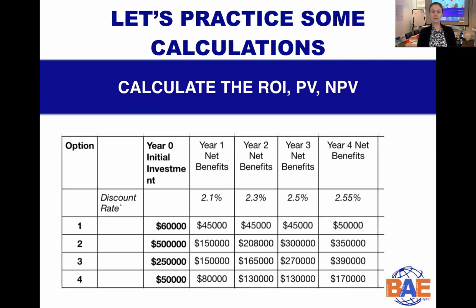And the assignment gives you all the information you need to be able to do this. So we've got 4 options, 1, 2, 3, and 4. We have initial investment values for each of those options. Then we have the net benefits for 4 years for each of those options. And we've got a discount rate applicable for every year.